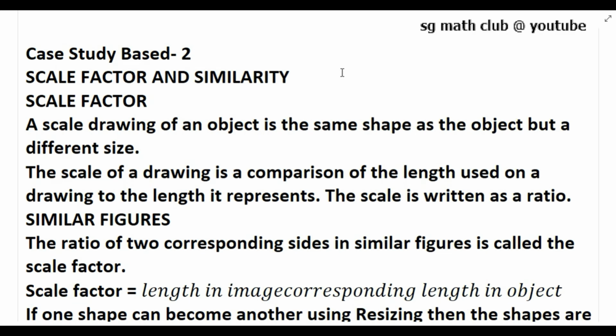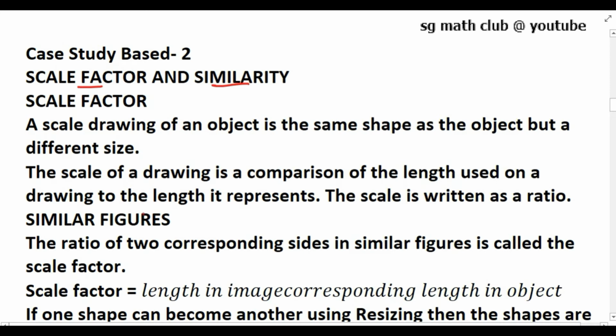Now the second question, a case study based question, is from the chapter Triangles. They have given here scale factor and similarity. The definition of the scale factor they have given: the scale drawing of an object is the same shape as the object, but it will be of a different size. And the scale of a drawing is a comparison of the length used on a drawing to the length it represents.